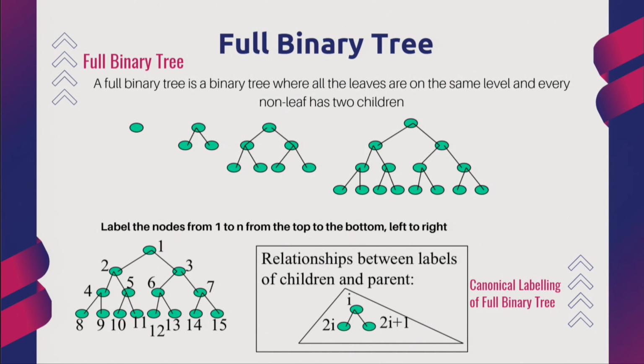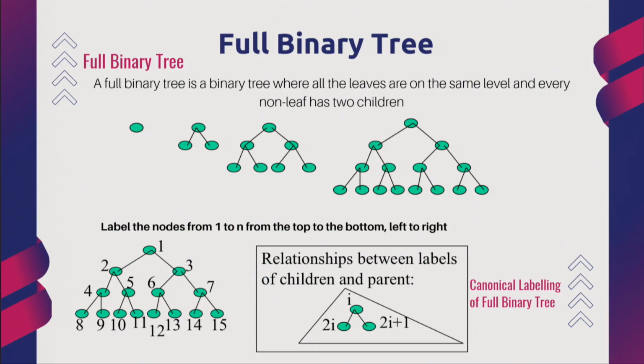And always a certain relationship holds in a binary tree. Say for instance, if a parent is at location i, then we say that its left child is at the location 2i and its right child is at the location 2i plus 1. Of course, we will witness this when we learn the representation of binary trees using arrays, but you can generally know that a certain relationship always exists between parent and child nodes in a binary tree.